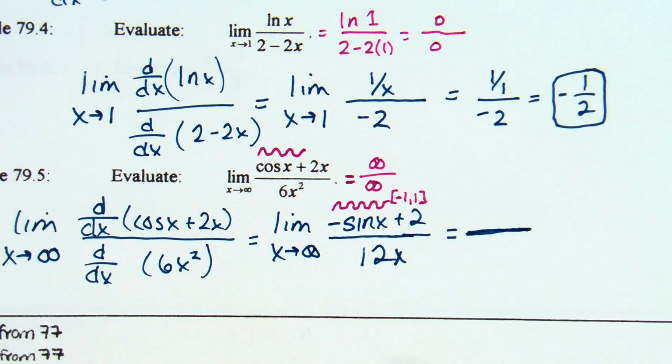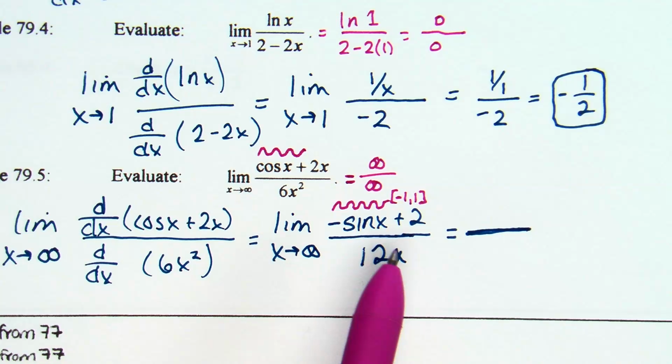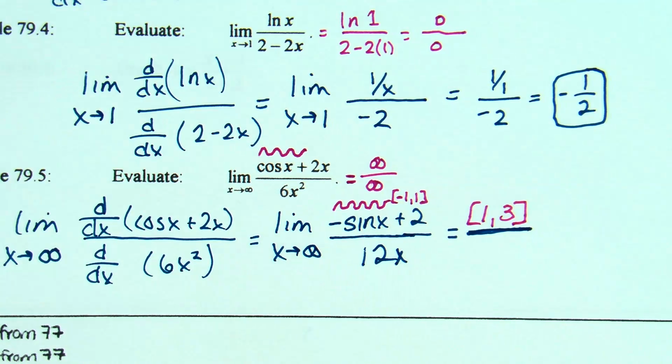Between 1 and 3? Because if you're at the lower end of -1 and you add 2, you're at +1. If you're at the higher end of 1 and you add 2, you're at 3. So my top value is something in the interval from 1 to 3.